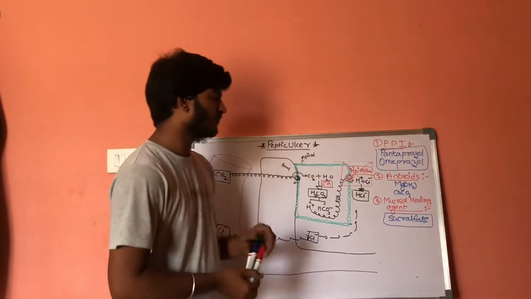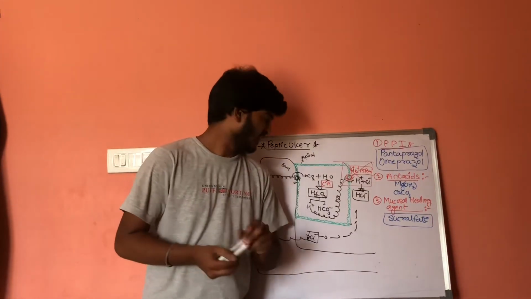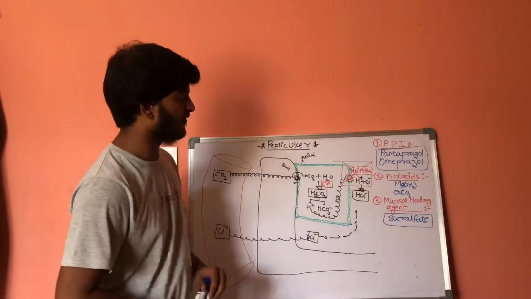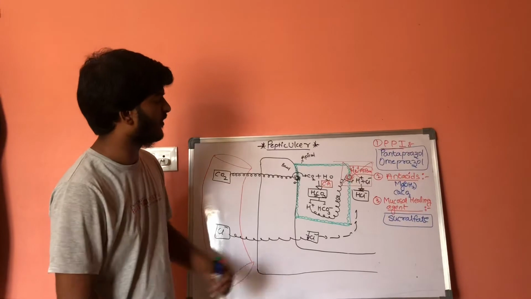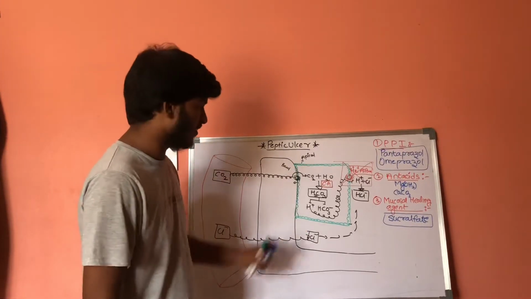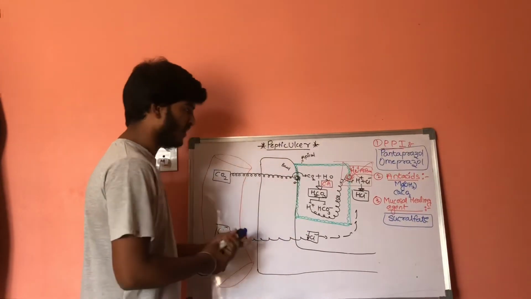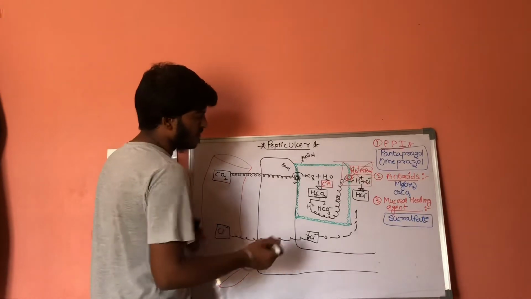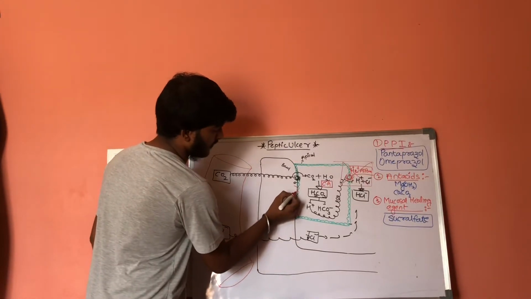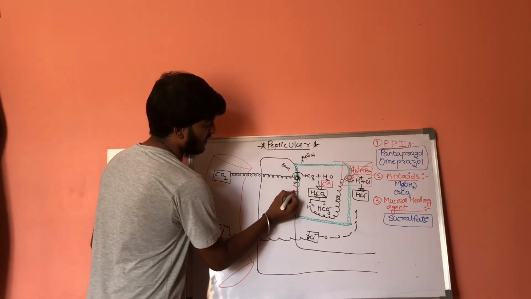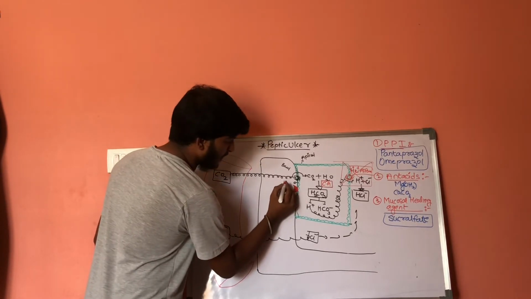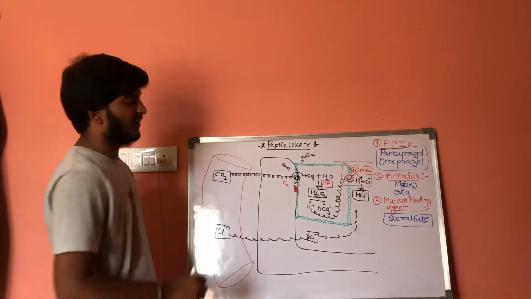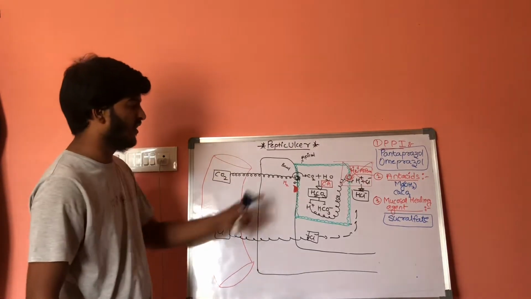Now, next group of drugs. We know that on the surface of the cell, we have a special set of receptors present. These are H2 type receptors.